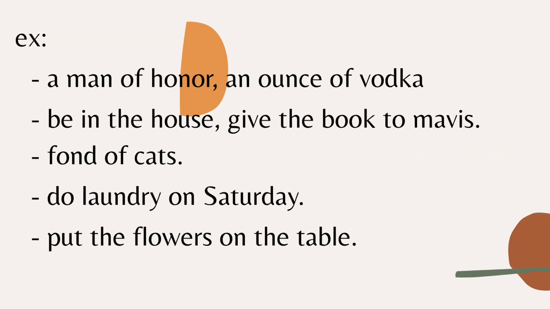So we have examples. First is, a man of honor, an ounce of vodka. This is prep in NP, meaning prepositional phrase in noun phrase. The second, be in the house, give the book to Mavis, is prep in VP, prepositional phrase in verb phrase.